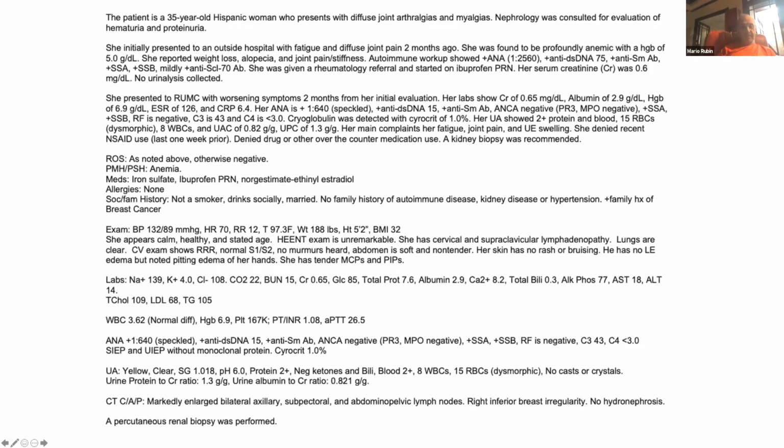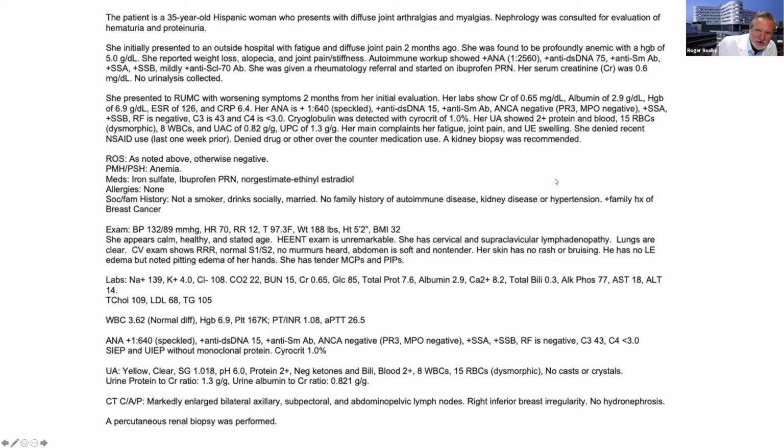So I think that needs to be considered as well. And lastly, with a low C4 and a low C3, I suspect this is classical complement activation mediated by a circulating immune complex, which was already mentioned as well. That's all I have.